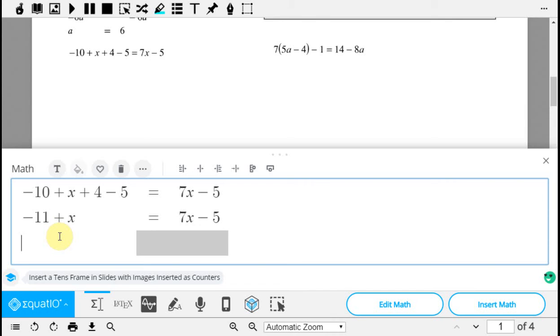Now into the step where I have mixed terms on either side. So I can pick what variable I want to get rid of. Let's get rid of the 7x on this side, and just show that it doesn't matter which term you pick. So I will line up my minus 7x with the x term, because those are the ones that are being added together.